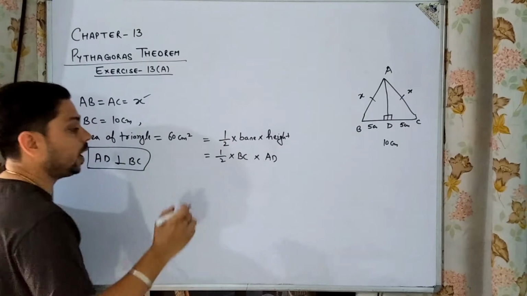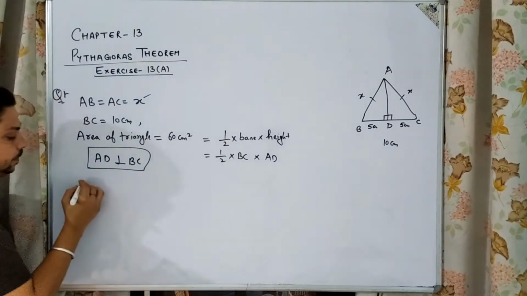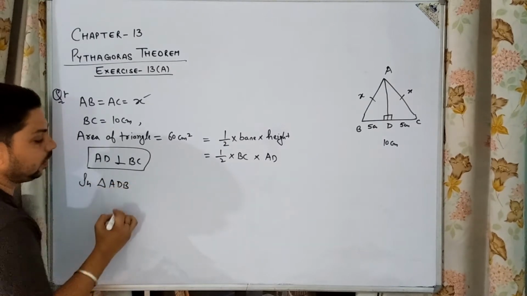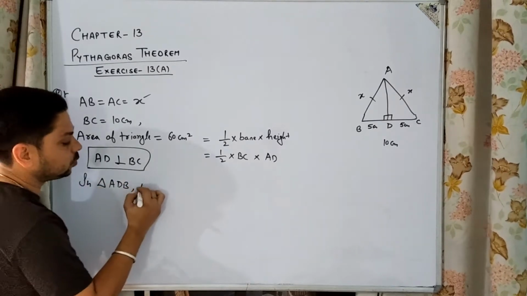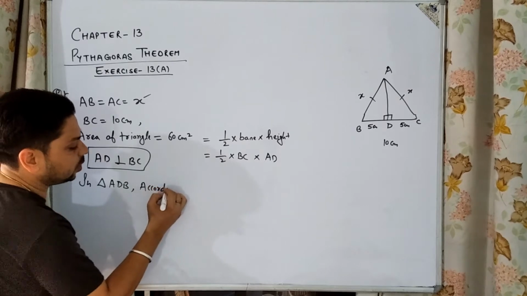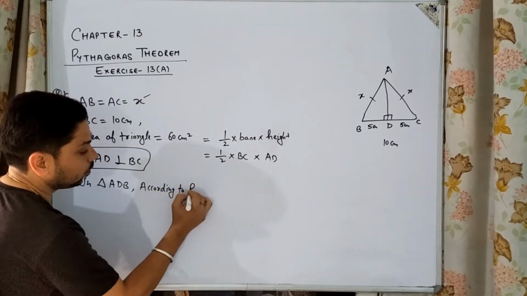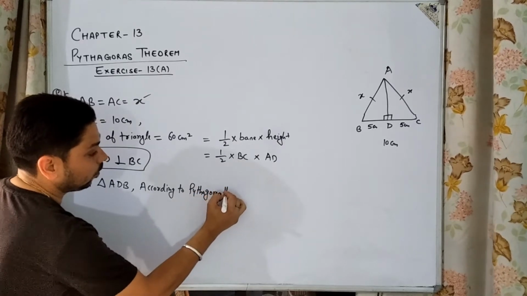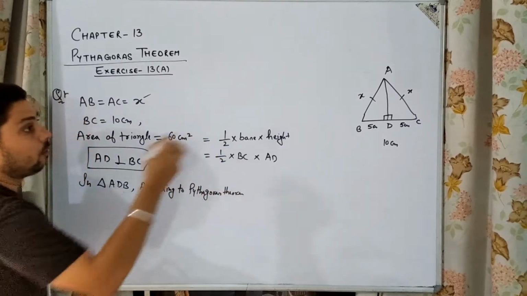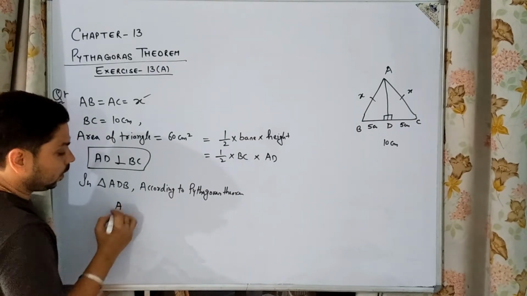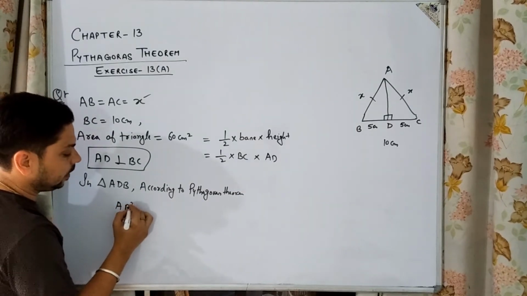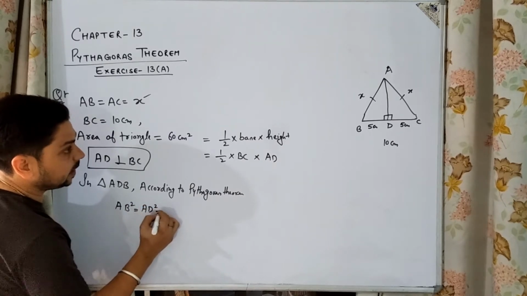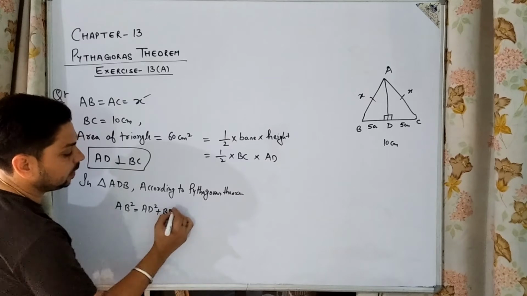Now in triangle ADB, it is a right angle triangle. So according to the Pythagoras theorem, AB square is equal to AD square plus BD square.